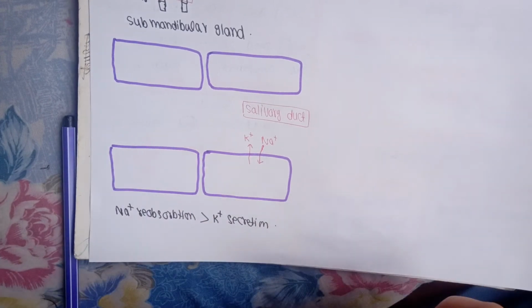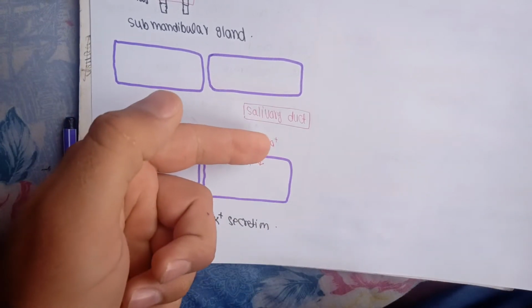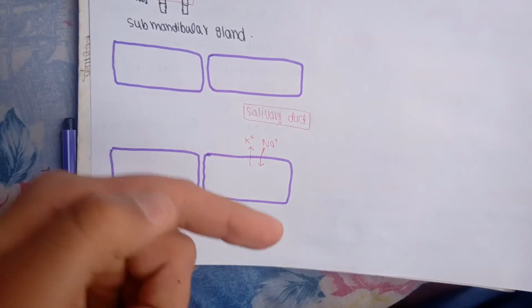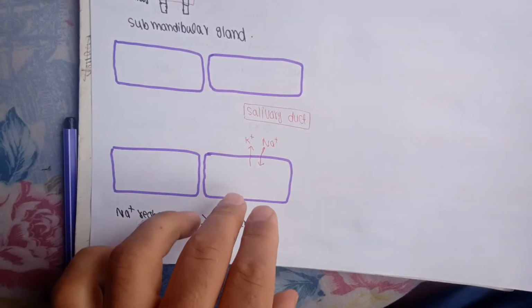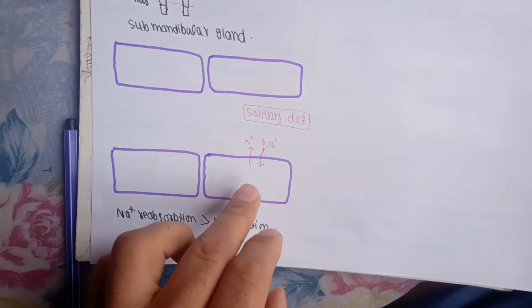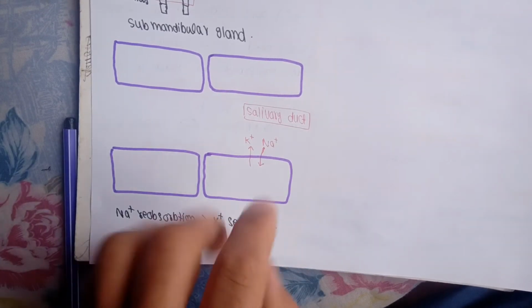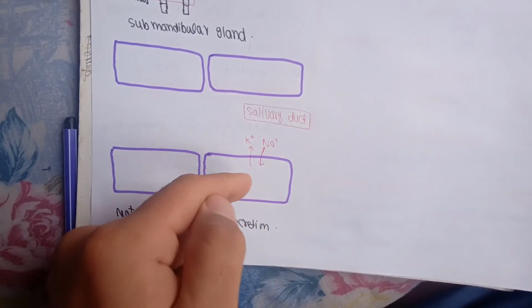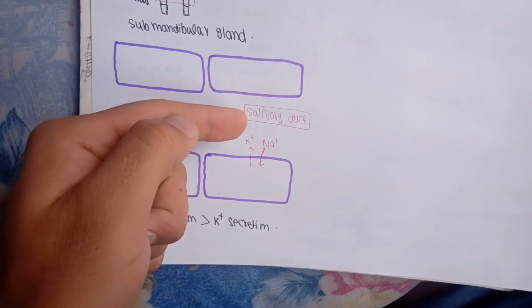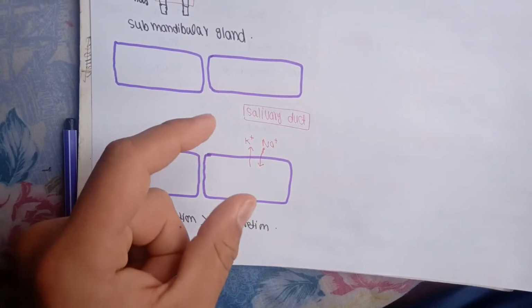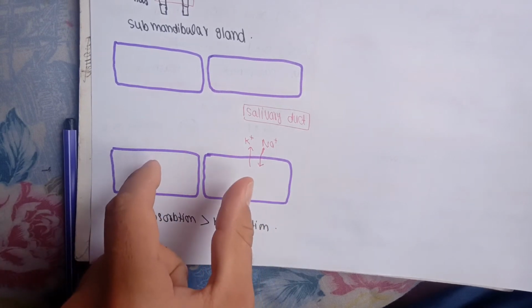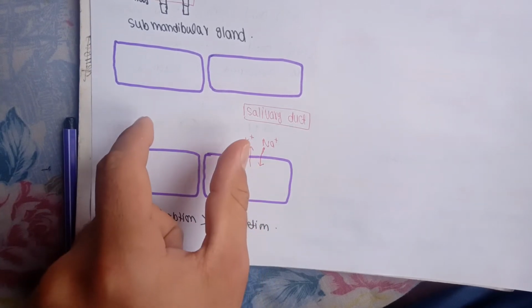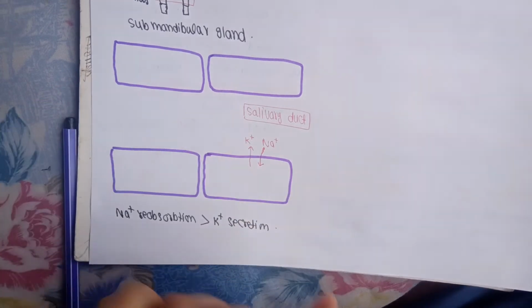So note here, if sodium reabsorption is greater than potassium secretion, what will actually happen? More positive ions will move into the cell of the salivary duct, and fewer positive ions will move outside. So the result will be that the inside of the cell will become more positive and the outside will become negative.